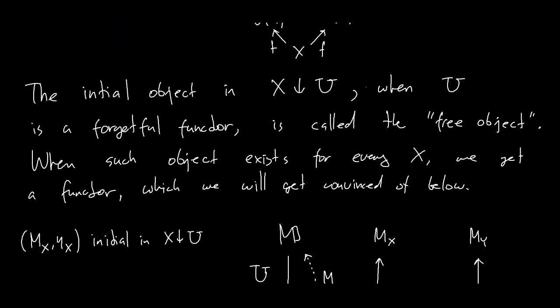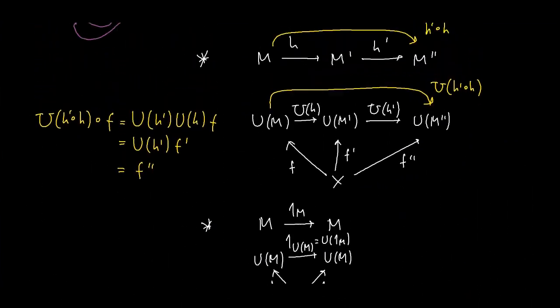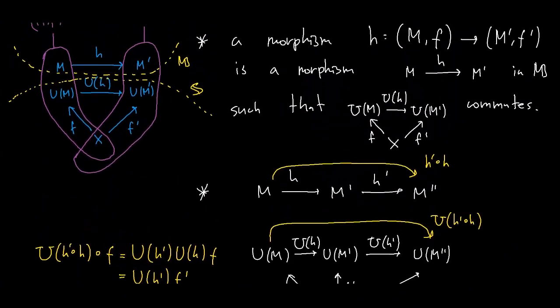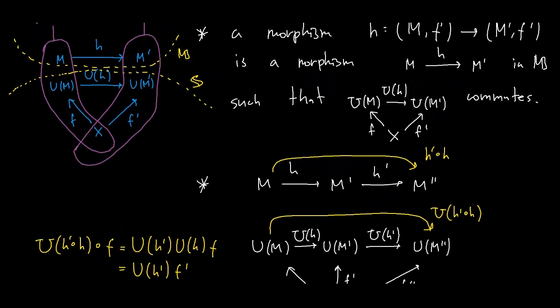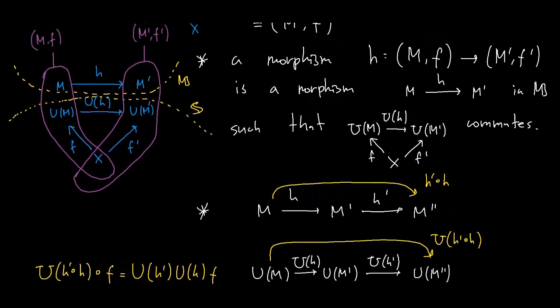So we said that when such an object exists for every x, we get a functor, which we got convinced of below. So we already got convinced of the fact that we get this functor. So this is one of the properties of free objects, that producing a free object out of an object gives you a functor.